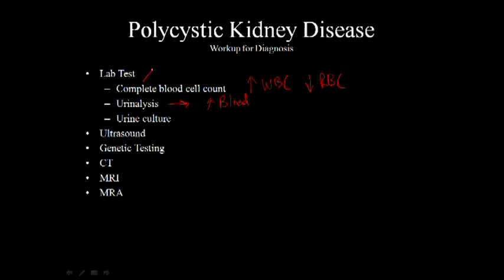But one thing that I didn't put here that you definitely want to write down is a comprehensive metabolic panel. And you're going to look for creatinine, BUN, and GFR.